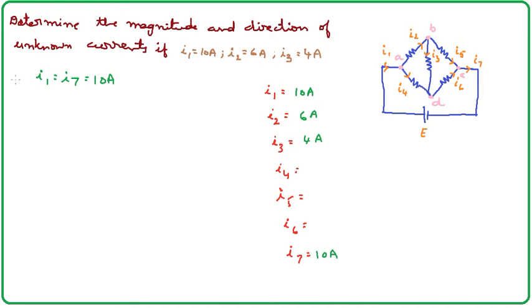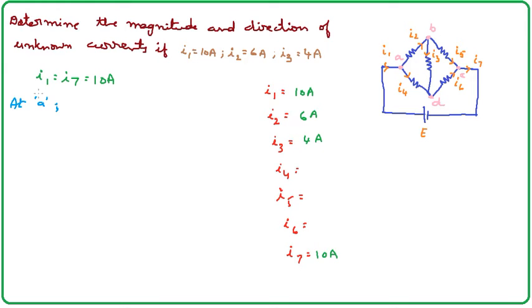So at node A, now I want to apply Kirchhoff's current law. What does Kirchhoff's current law mean? It means the sum of currents at any node is equal to 0. In general, if you consider currents entering the node as positive, you need to consider currents leaving the node as negative.